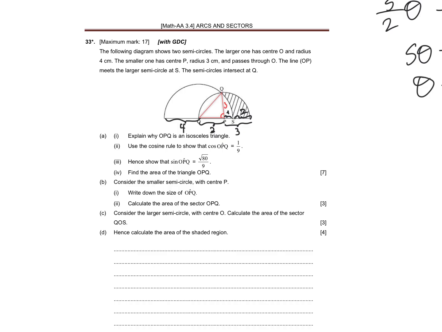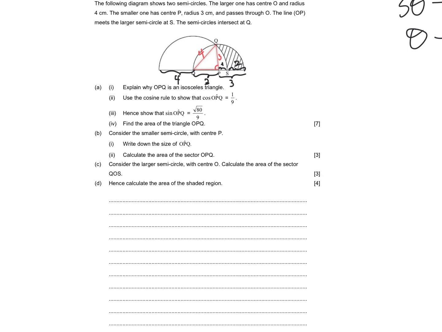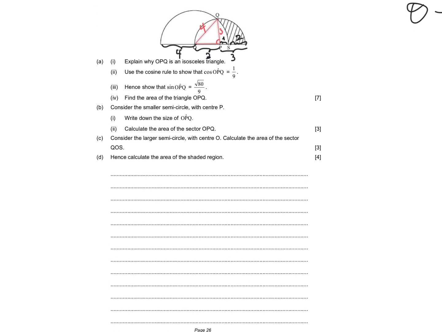And we have O to Q is actually 4 because it's a radius of this other circle. So this is 4. So we're going to have that cosine OPQ is equal to 3 squared plus 3 squared minus 4 squared over 2 times 3 times 3. So we have 9 and 9, 18 minus 16, which is 2 over 18, which is 1 over 9.